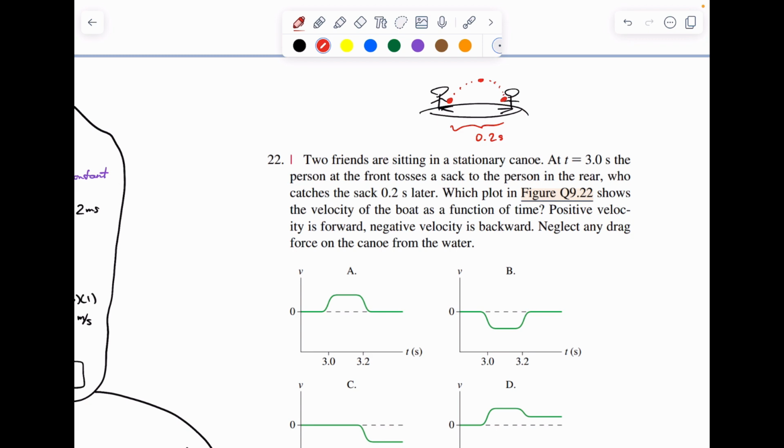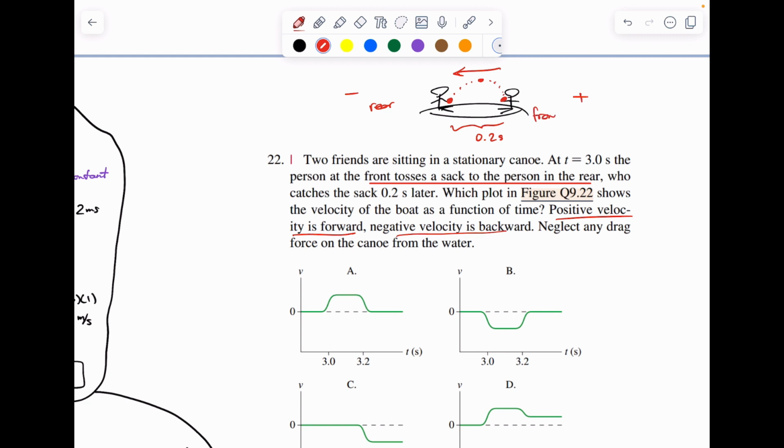Okay. Positive velocity is forward. Ooh, that's important. Positive velocity is forward. Negative velocity is backward. So where did they first throw the sack? The person at the front tosses it to the person in the rear. So it's going towards the rear, right? So let's say this is the rear, and that's the negative direction.